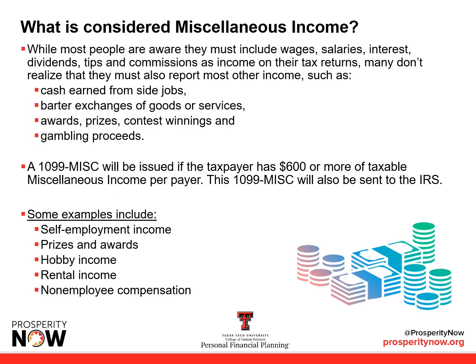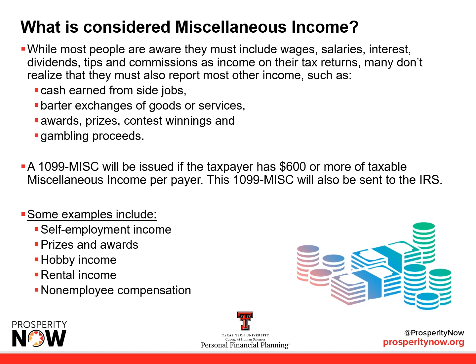While most people are aware that they must include wages, salaries, interest, dividends, tips, and commissions as income on their tax returns, many don't realize that they must also report other income, such as cash earned from side jobs, barter exchanges for goods and services, awards, prizes, contest winnings, and gambling proceeds.